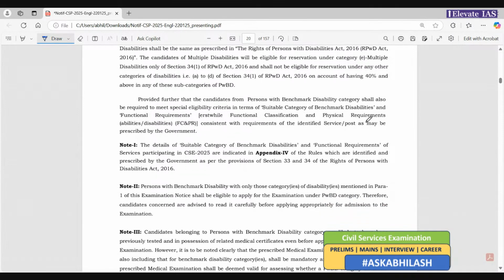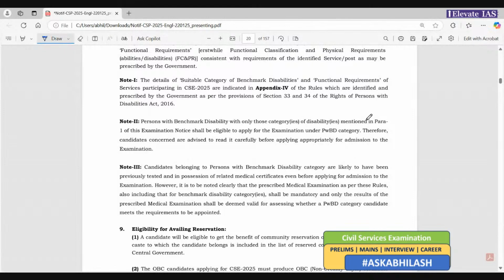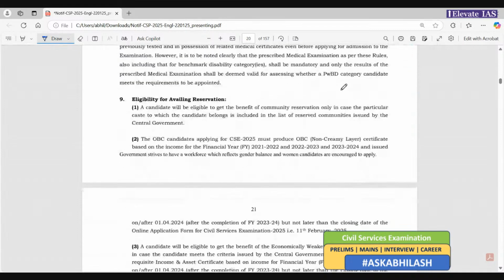So if you want to avail multiple reservations for the exam, there are certain conditions over here. See which is valid for you. If your community's name is in the list of reserved communities issued by the Central Government, only then eligibility of availing reservation.